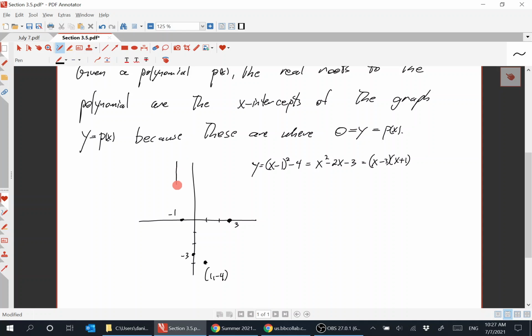So a graph of this parabola is here. Not a very good one. Let's try it again. Better.